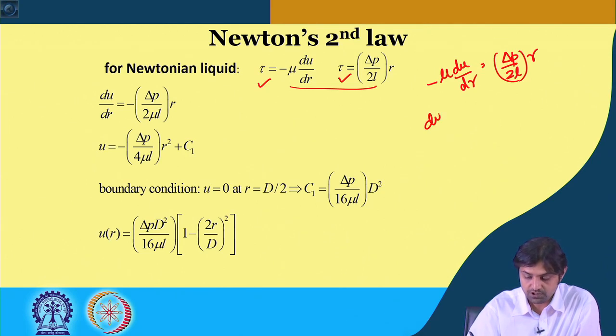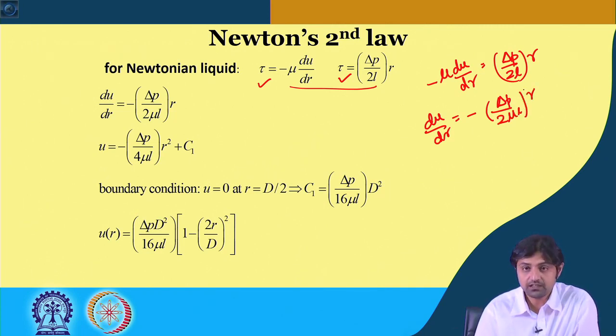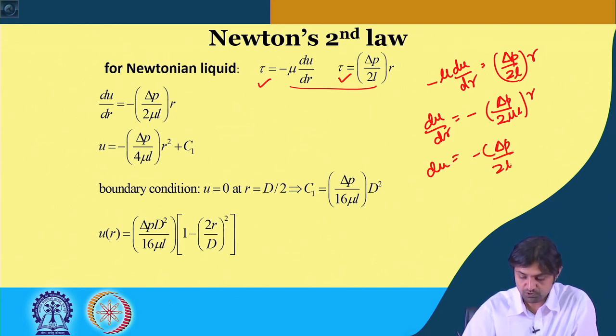So, du dr can be written as minus of delta P by 2 mu L into R. If we take dr on this side, it will become du is equal to minus delta P by 2 mu L R dr. Therefore, we can simply write integrate on both sides.